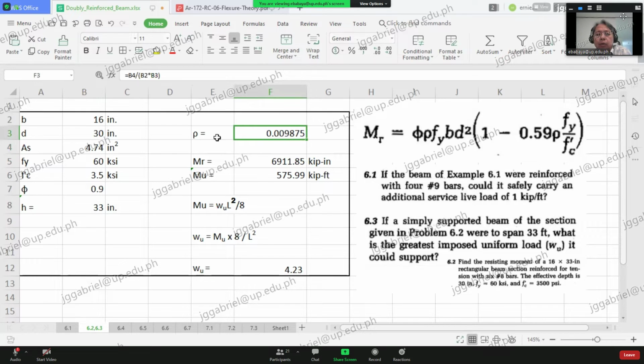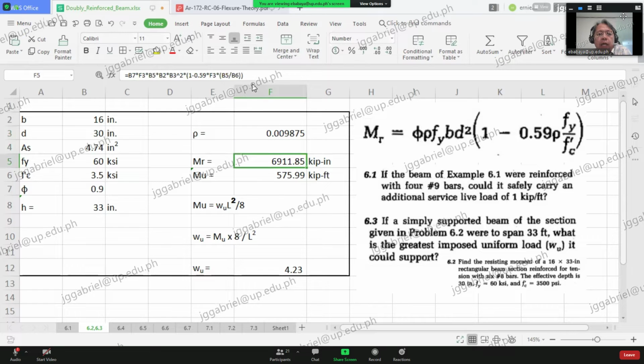So given that, you get your rho, because you already have the area of reinforcement and your B and D. So, this is it: area of steel divided by the product of B and D. That's your rho.